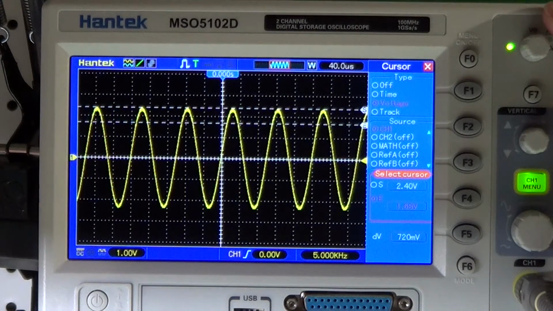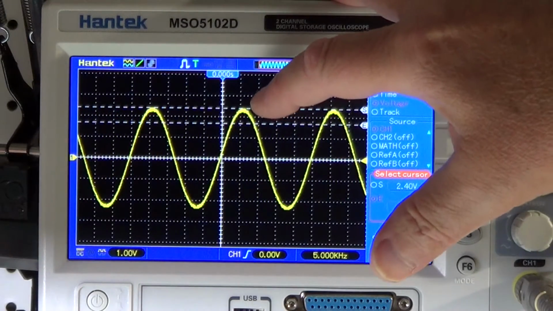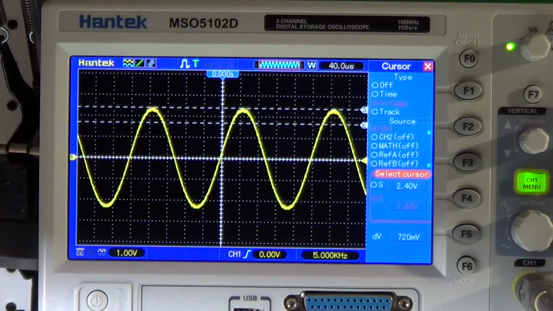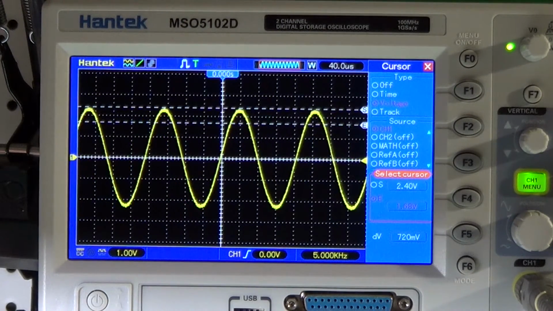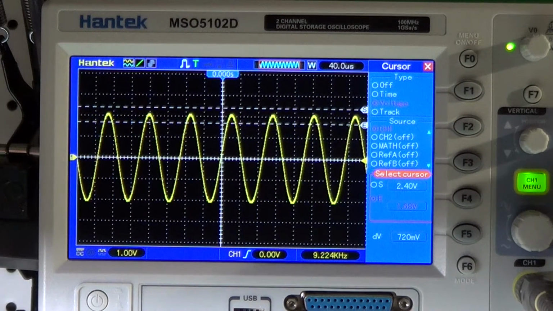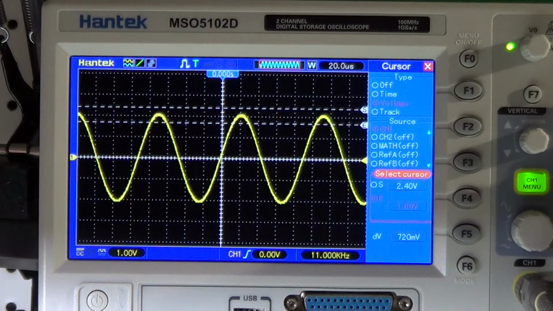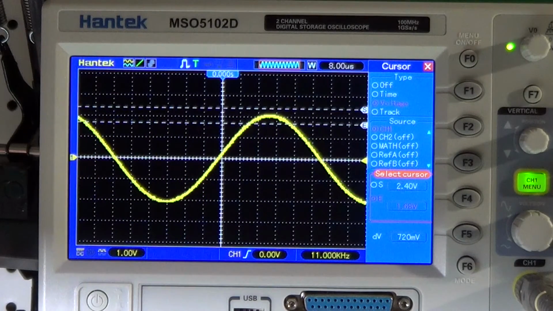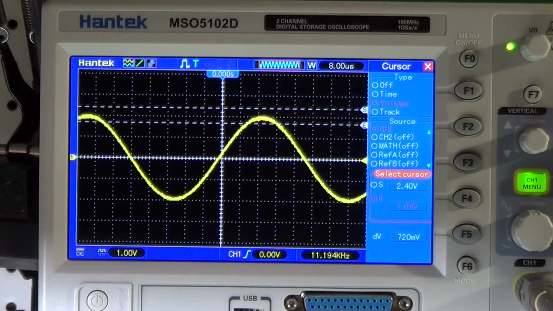Maybe there is just a touch of attenuation, but still we are far away from the cutoff frequency. So let me increase it further, and as you can see now we are seeing the signal becoming smaller. So let's go on a little bit further.